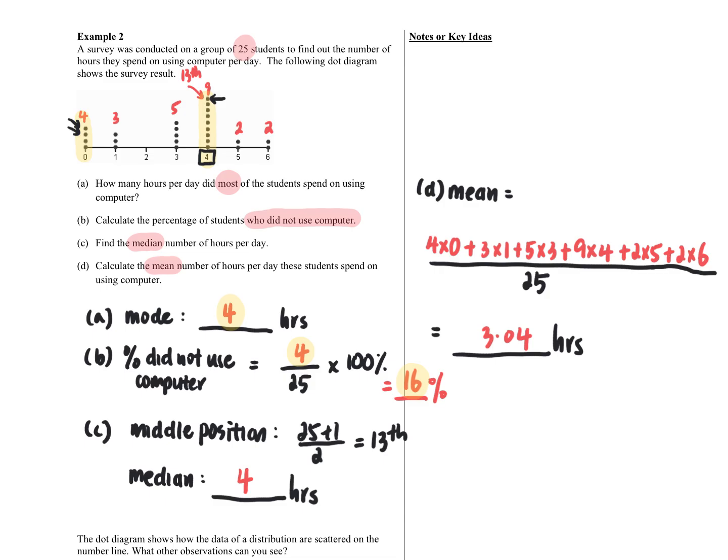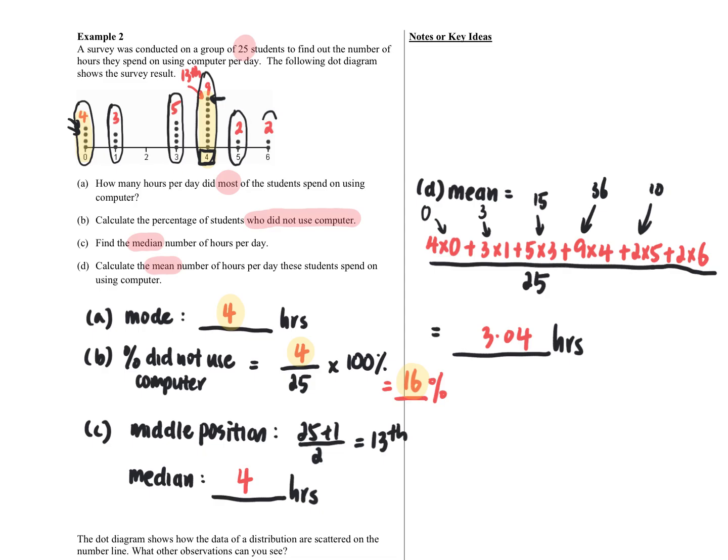And then the mean is to calculate the total number of hours spent by the 25 adults. There are 4 who spend 0 hours, so that's a 0 here. 3 who spend 1 hour each, so this is a 3. 5 who spend 3 hours each, so this is a 15. 9 who spend 4 hours each, so this is a 36. 2 who spend 5 hours each, that's a 10.